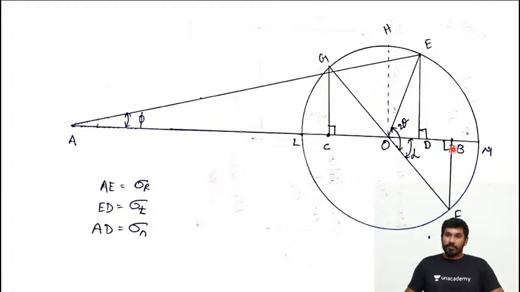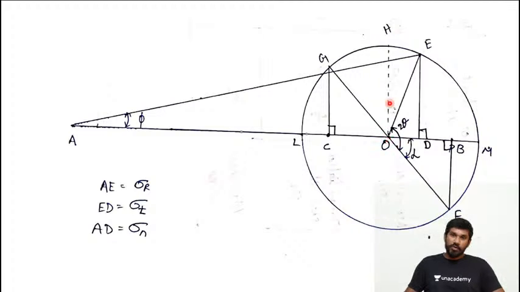So BF and CG are equal in distance. Now from G join F. The line GF coincides with the line AB at point O.